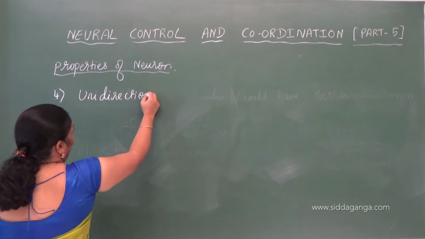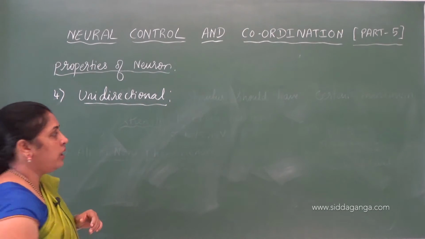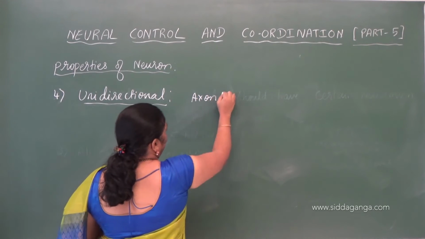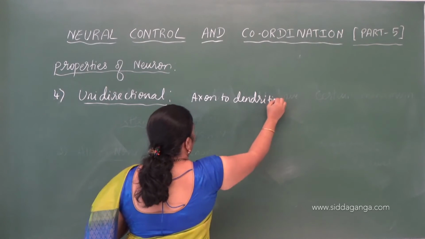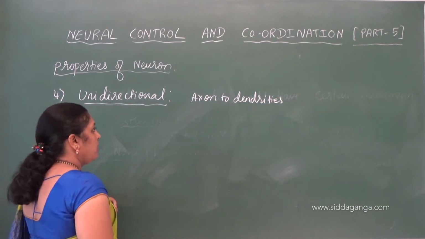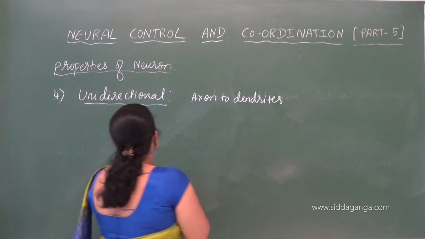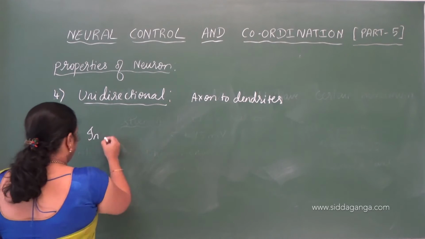Unidirectional. Always the impulse is carried in one direction only, that is from axon to dendron or dendrites. Next, insulation.